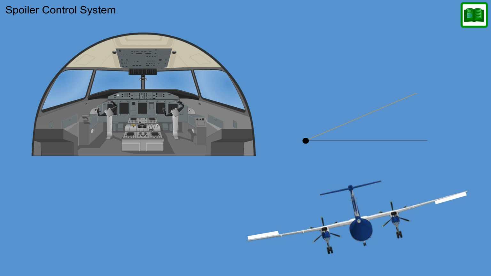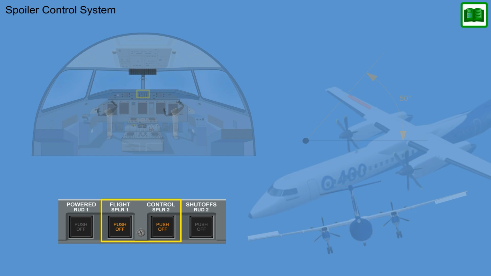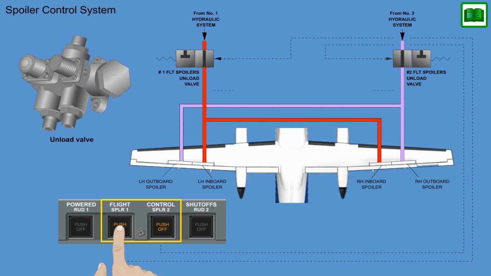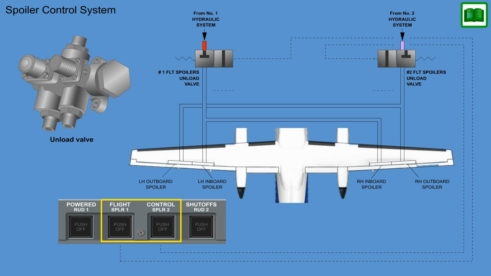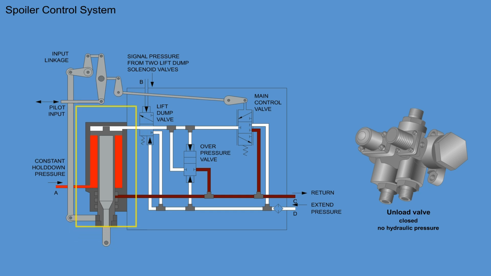The aileron quadrant switch will close at 50 degrees in either direction to illuminate both powered flight control shutoff switches. In this situation, a spoiler has remained extended. By depressing both powered flight control shutoff switches, both systems are immediately depressurized. The jammed-up spoiler will be retracted by the hold-down pressure.